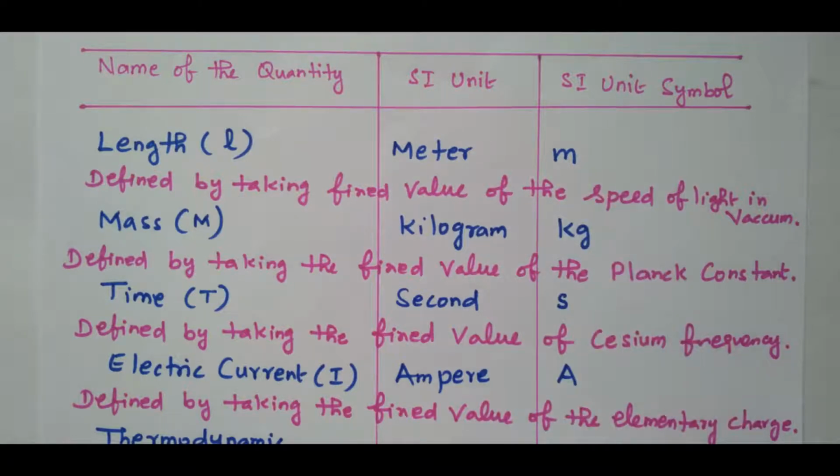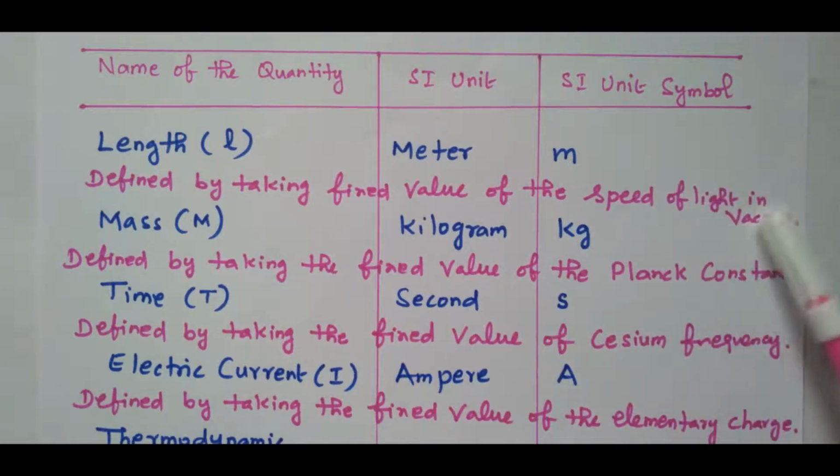How is it defined? How is length internationally defined? It is defined by taking a fixed value of the speed of light in vacuum. We know what is meant by 1 meter, 2 meters, but how is 1 meter defined internationally? We can identify a meter by seeing a scale or a tape, but internationally it is defined by taking the fixed value of the speed of light in vacuum.